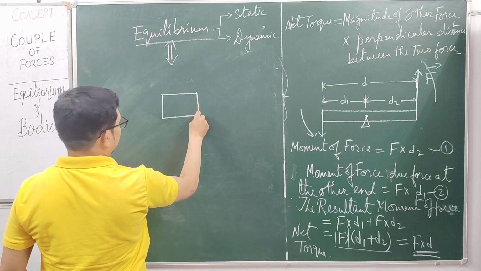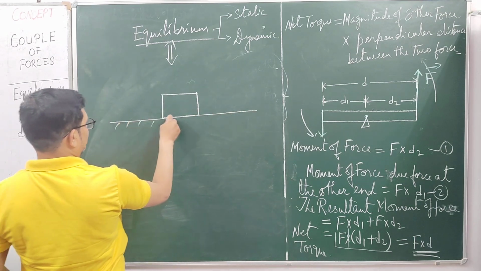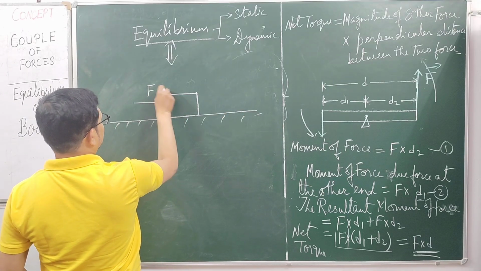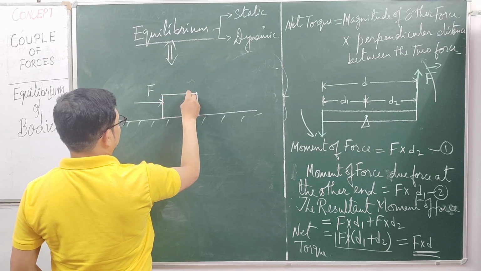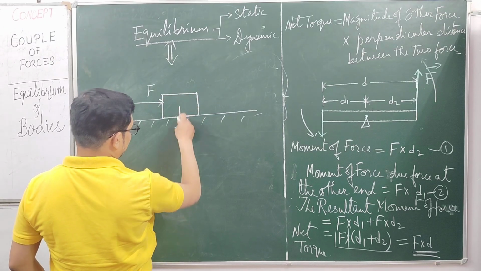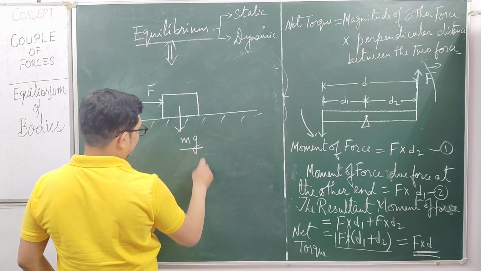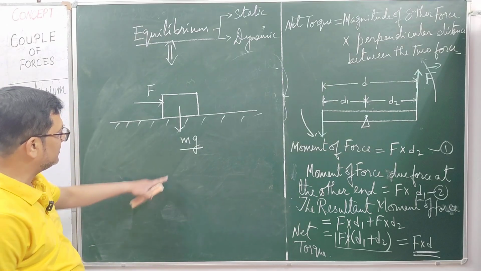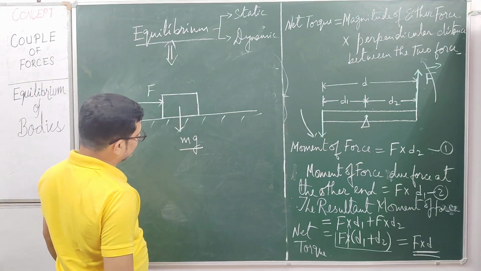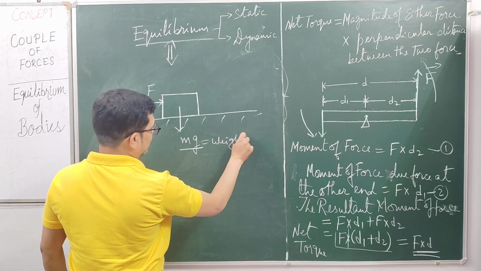Suppose you have a body here, placed on some surface, and multiple forces are acting on the body. A book is on the table and the book is being pushed. The book always has a mass, so certainly there is something known as weight, which we denote by m times g. From Newton's law, the mass multiplied by acceleration due to gravity gives you the weight of the body, and this weight acts downwards.